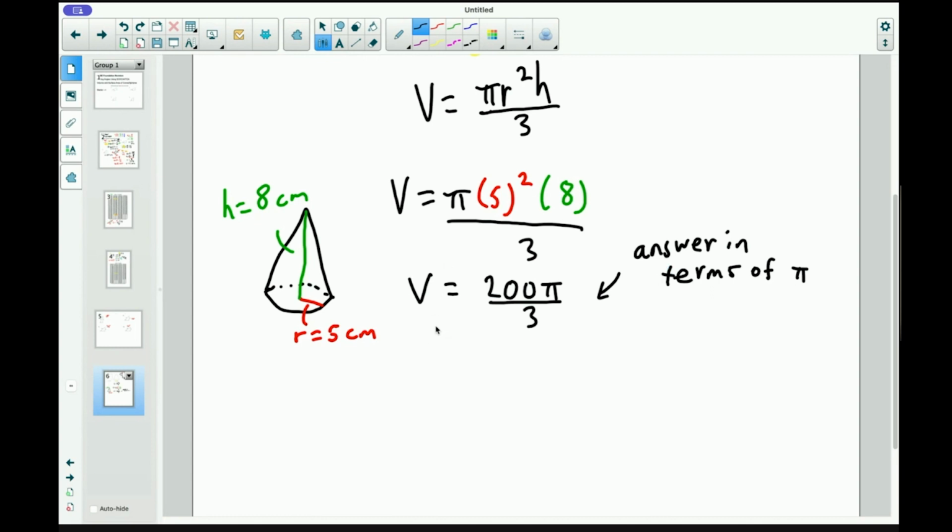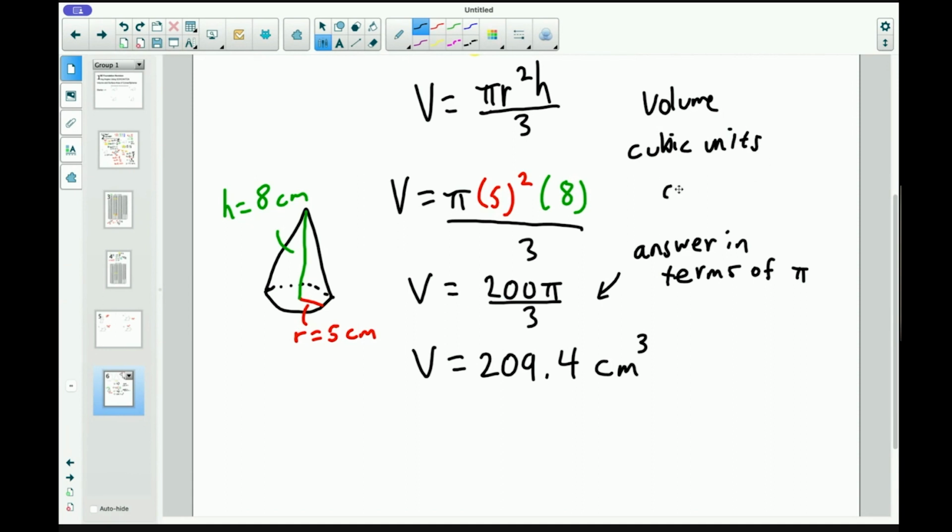So I get 209.439. Okay, so if I said to the nearest 10th, so we'll say 209.4 centimeters cubed, because volume is in cubic units. So centimeters cubed, meters cubed, etc. Okay.